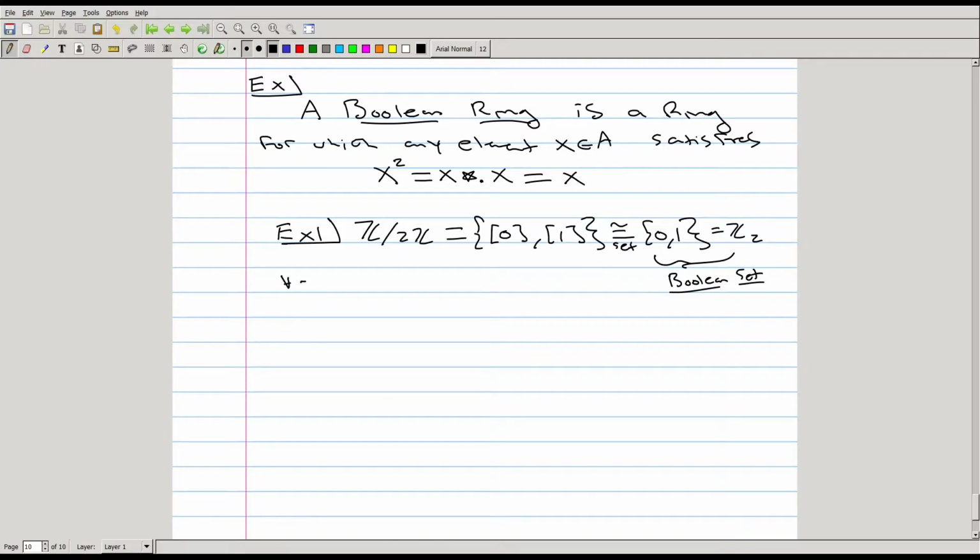And for any two a, b in this set, we define a plus b to be a plus b mod 2. We define a times b to be a times b mod 2.